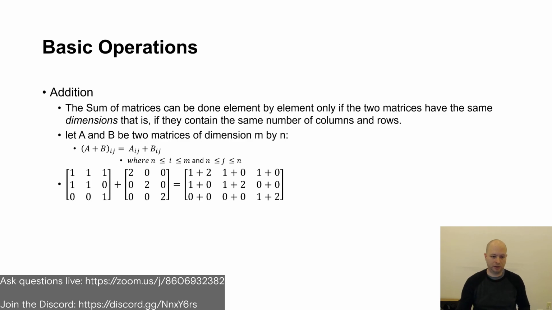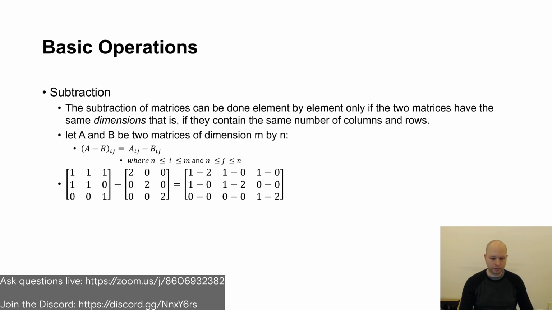So in this case, we have this matrix of 1s with the 2 on the diagonal. The top left is going to be equal to 1 plus 2. The one next to that is going to be 1 plus 0, because there's 0 there, and so on. So addition very directly follows vector addition. Subtraction, in the exact same way, very directly follows vector subtraction.